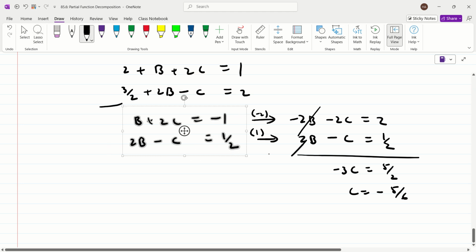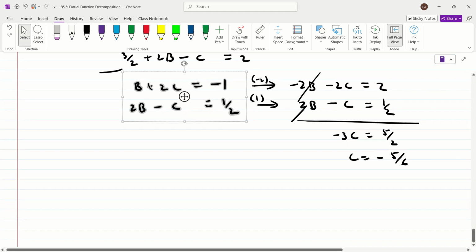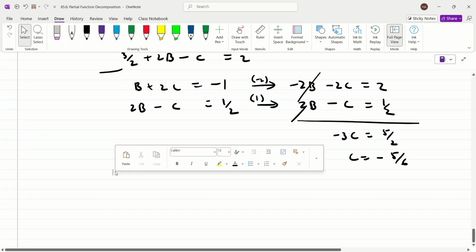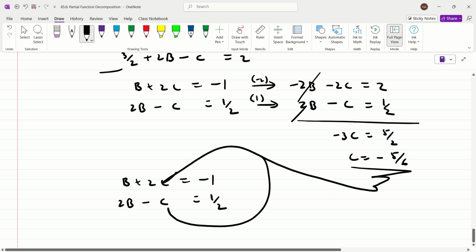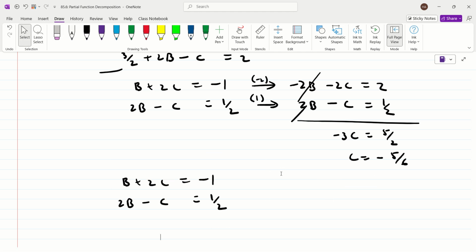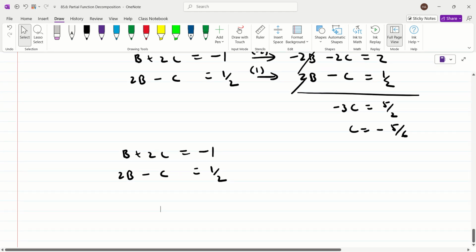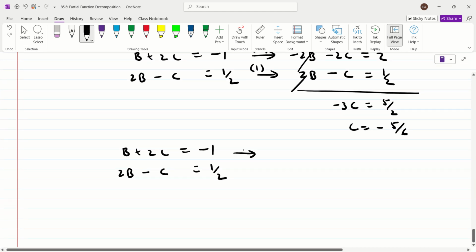And then you can take those same equations and substitute that c into either equation to solve for b, or you can use that same technique and try to cancel out some of these equations by multiplying by just the right expression.